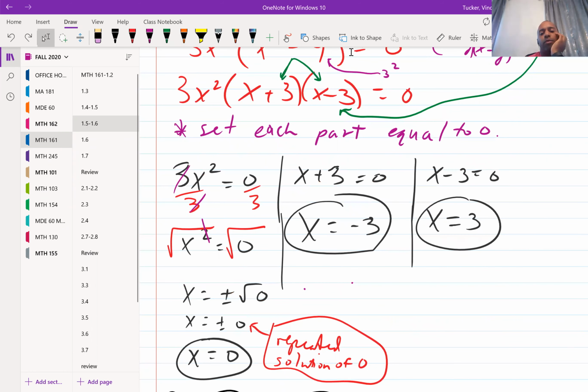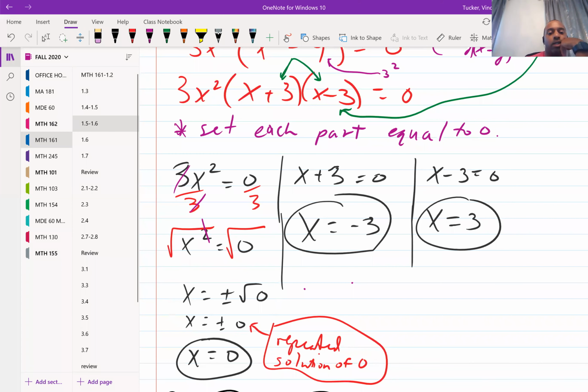And so remember, we're supposed to get 4 solutions. Don't forget, whenever you take the square root of both sides, that would be a plus or minus. In this case, we end up getting a repeated solution of 0. So you don't have to write it 2 times, but right here is where you would have had 2 solutions if that was something other than 0.